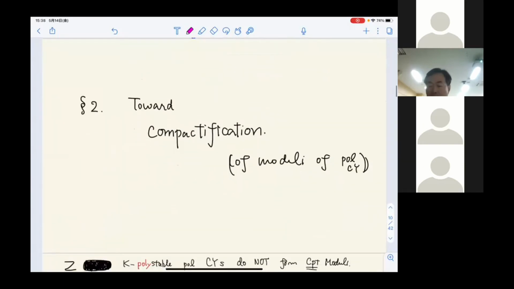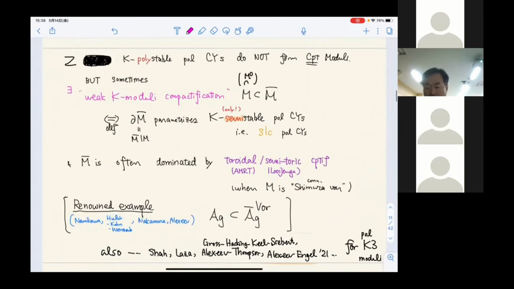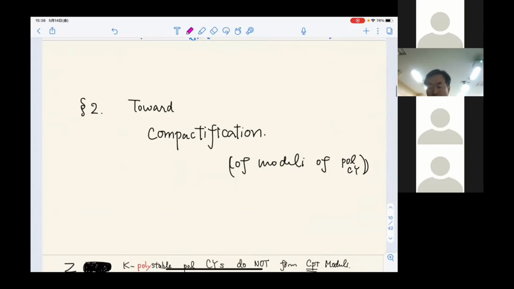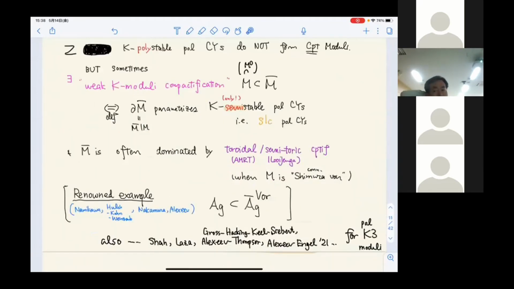I want to talk about the compactifications. As I said before, I don't have a complete understanding of the compactifications, but let me discuss it here.